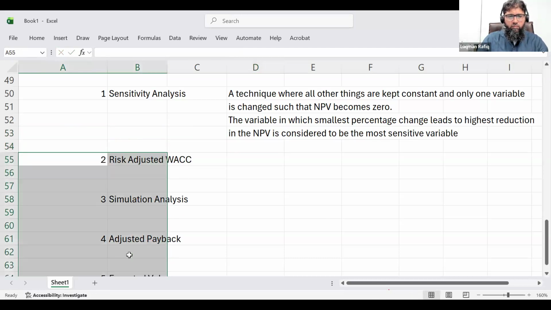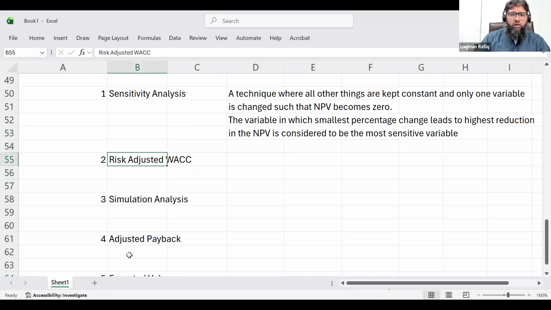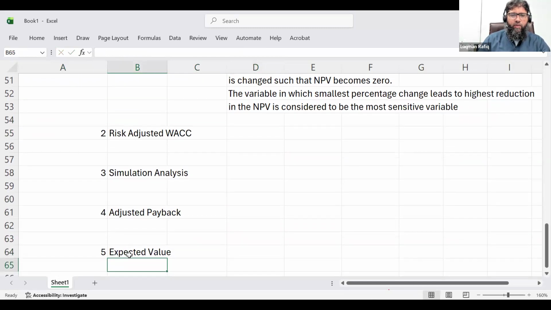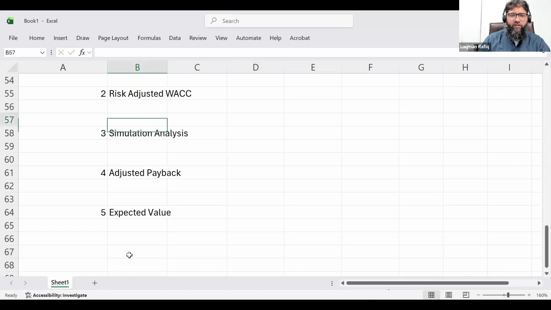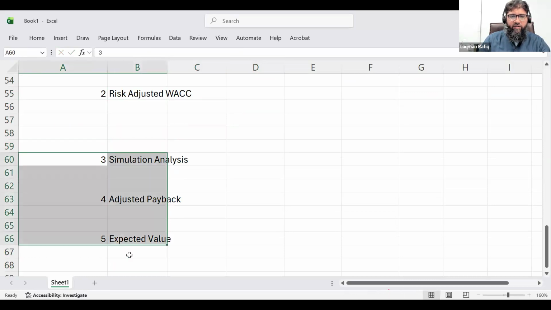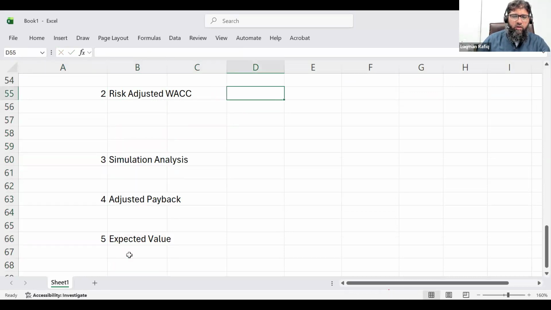Then we talk about the risk adjusted WACC. So when I talk about the risk adjusted WACC, what exactly is it? Let's try understanding this.